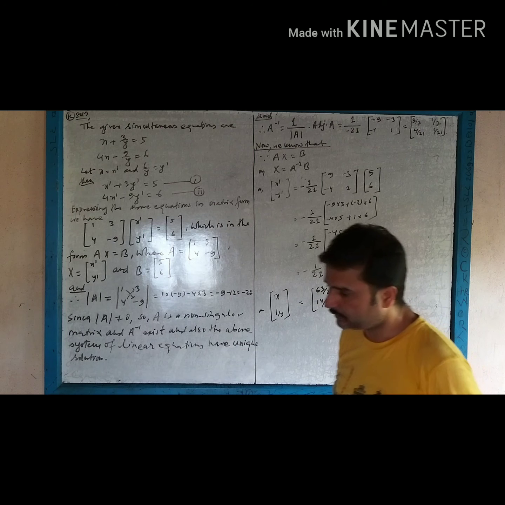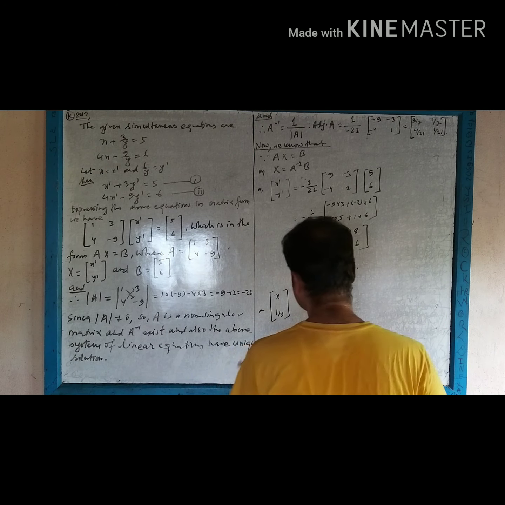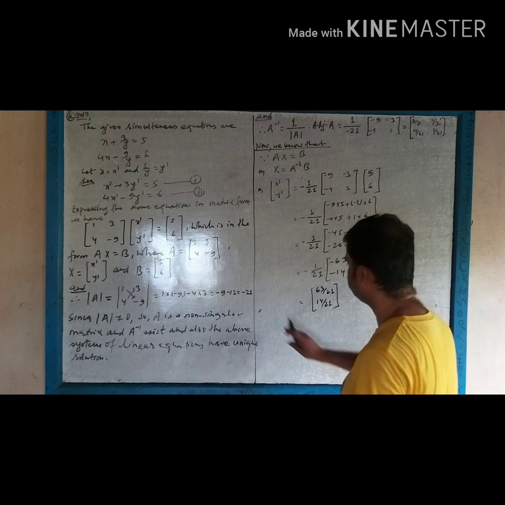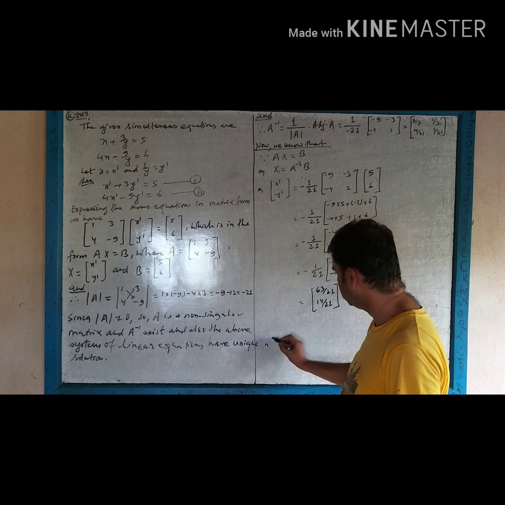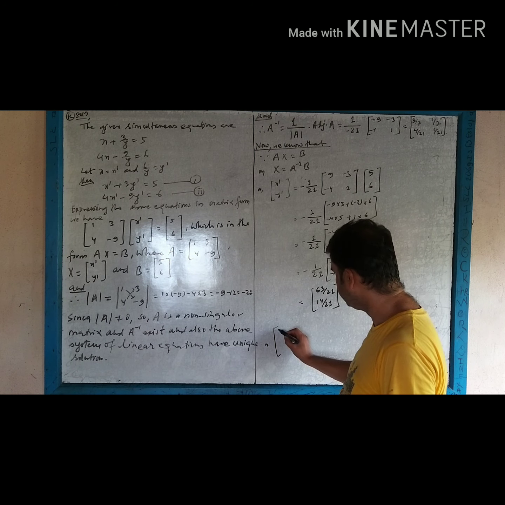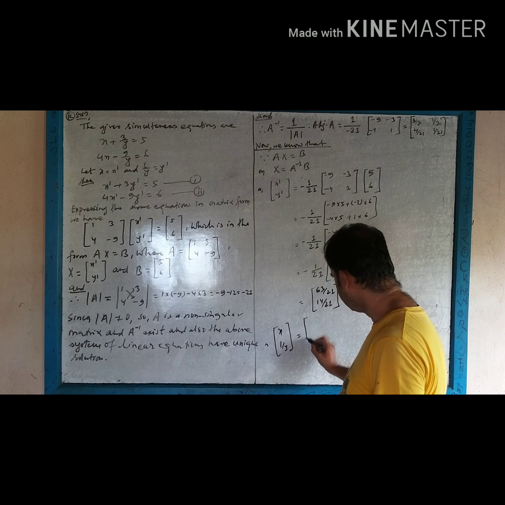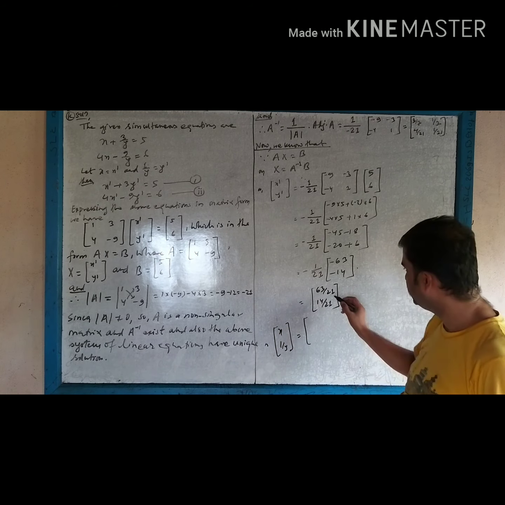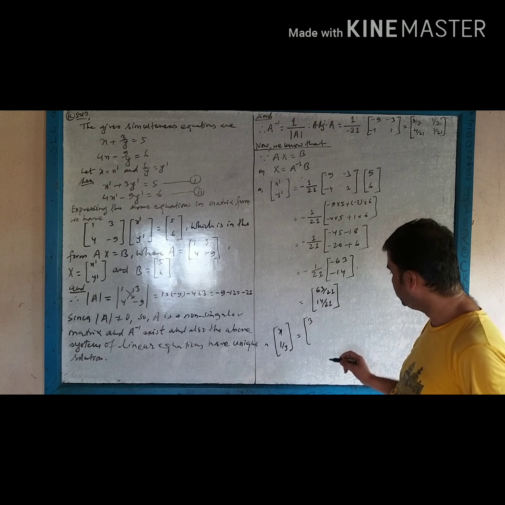So don't write here, you write here. Next line you write, this means x and this means 1 by y. Now the value is 3 and 2 by 3.